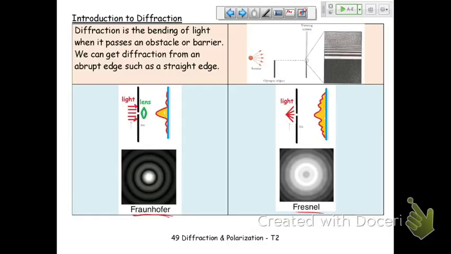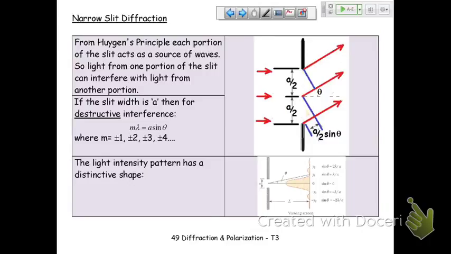We were taking the pattern from the middle of a more complicated pattern which showed diffraction effects as well.